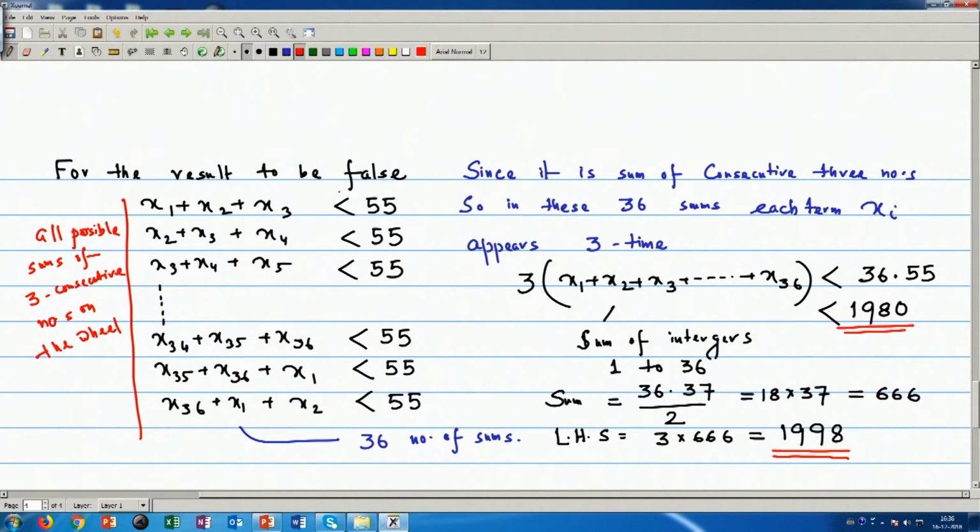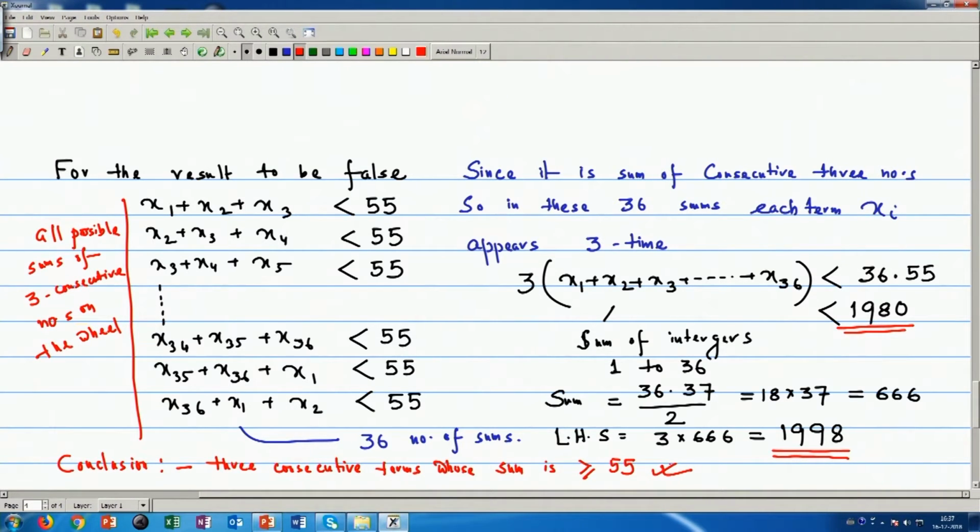So, the conclusion is that we have at least 3 consecutive terms whose sum or total is greater than or equal to 55.